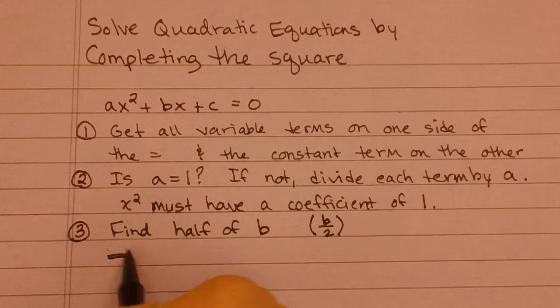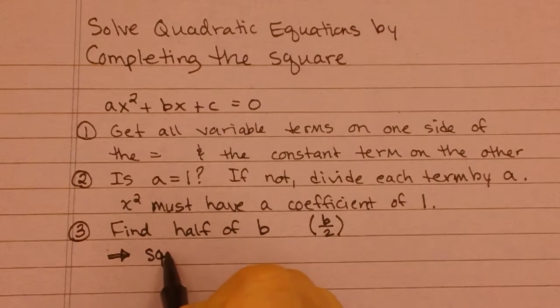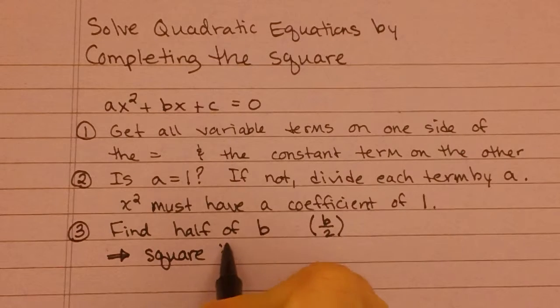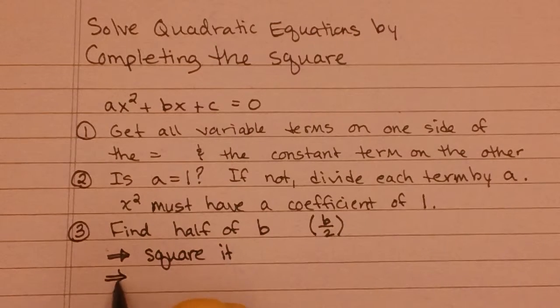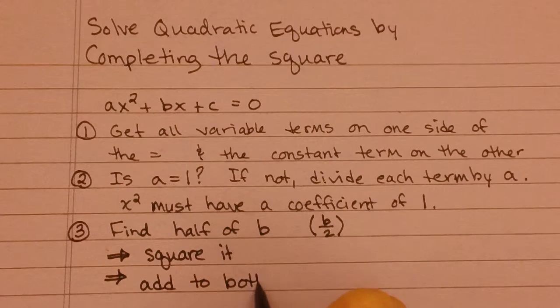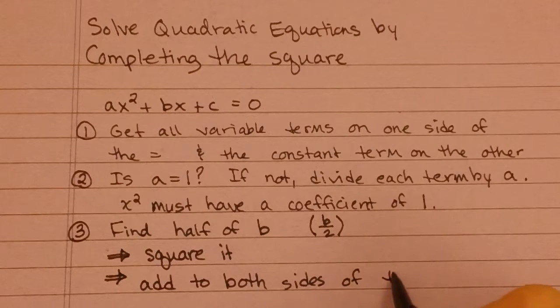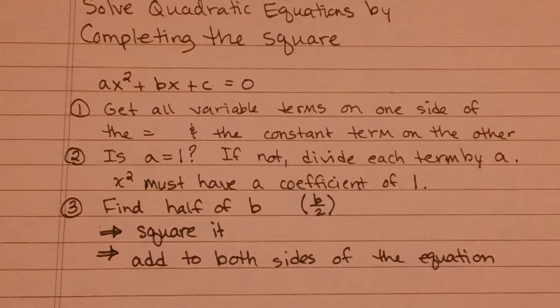Then we're going to square that and add it to both sides of the equation. We're always adding that to both sides of the equation.